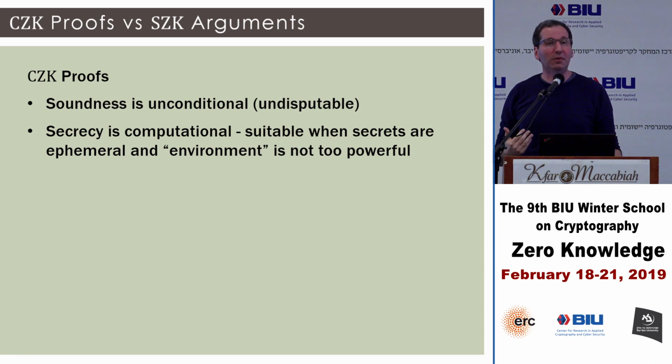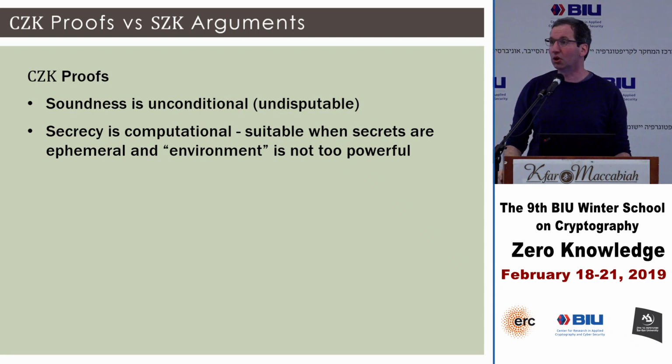On the other hand, the price that you pay is that the secrecy, or the zero-knowledge property, is computational, meaning that even though right now the transcript doesn't reveal anything beyond the fact that X is in the language, maybe sometime in the future it will, if the computational assumption is broken. There is the risk.